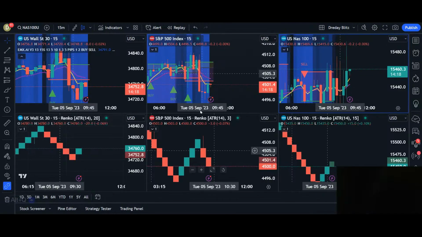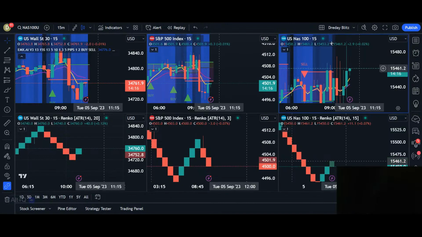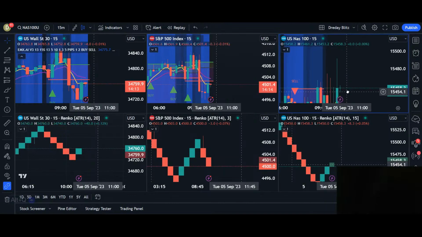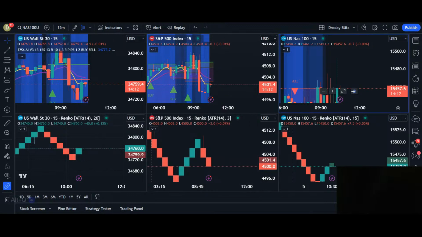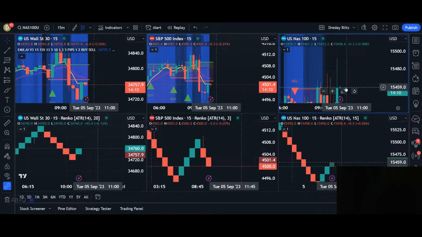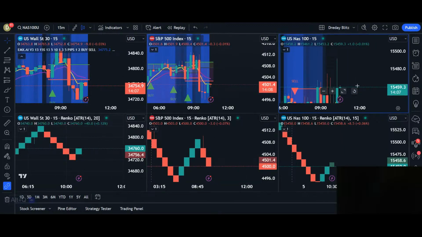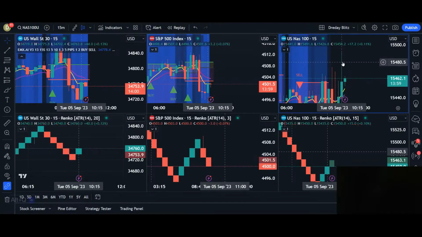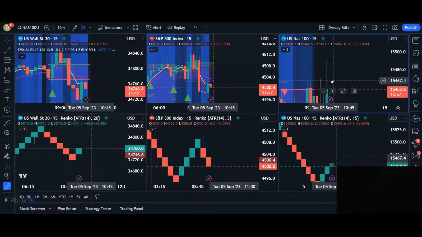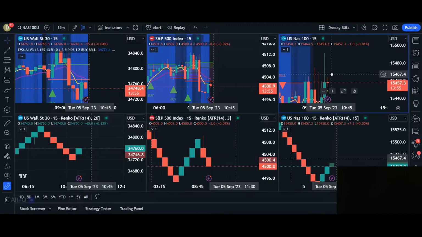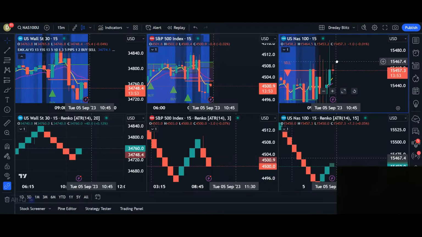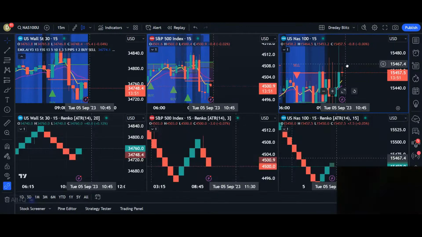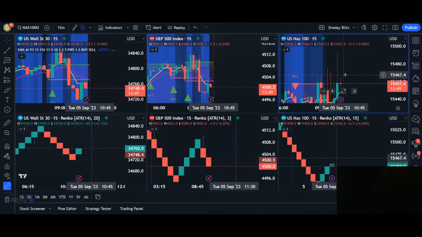it was really a big move, a scary move, depending on where you got in. If you were in at the start of the candle, that would be perfect. But if you were in at the top right here, I'm pretty sure you're in drawdown, so you have to wait until the market continues in your direction.